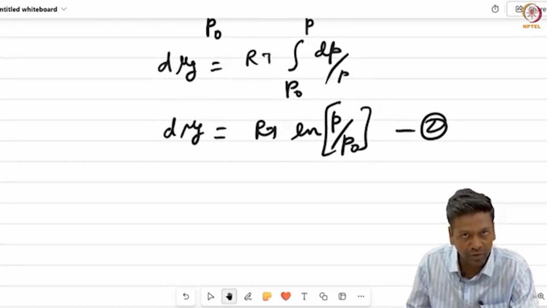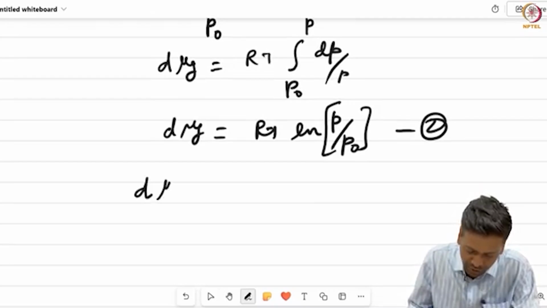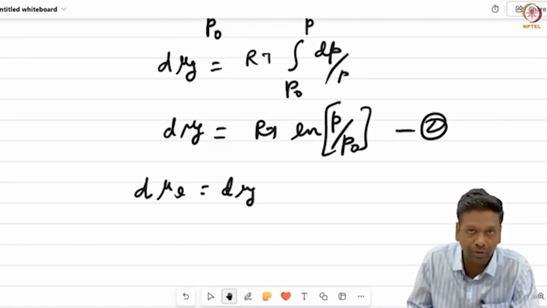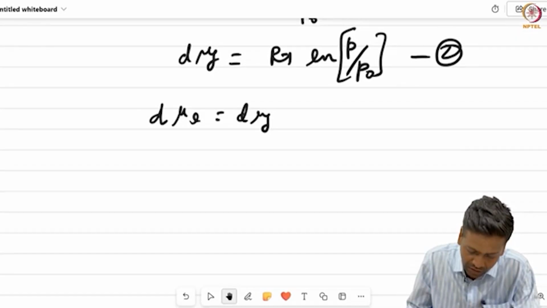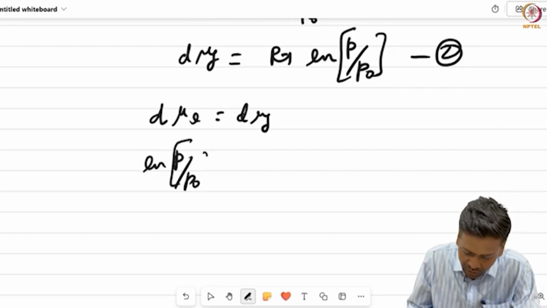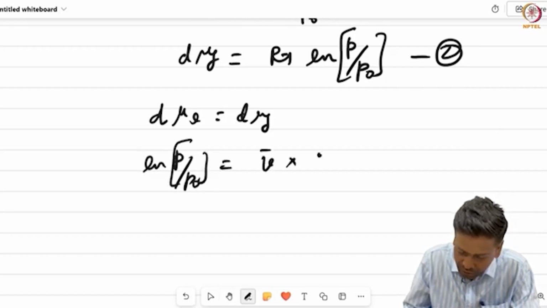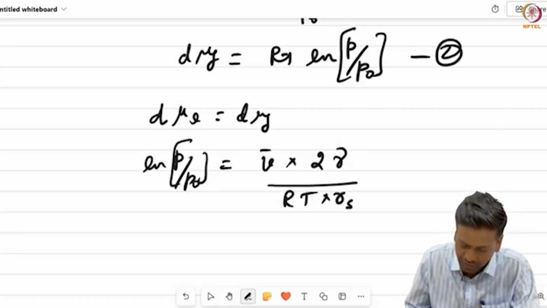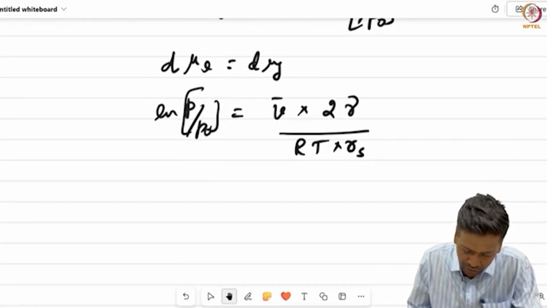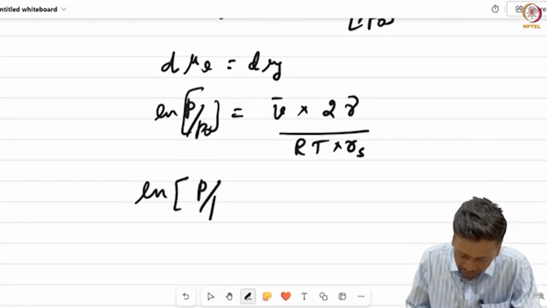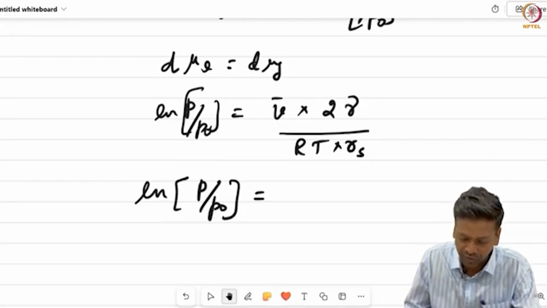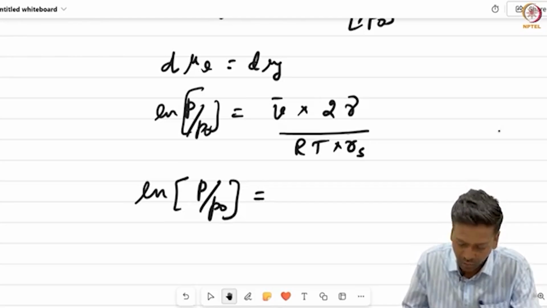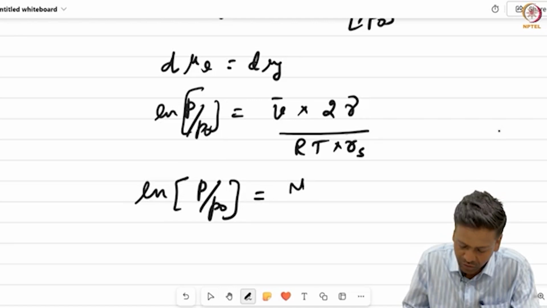Since we know at equilibrium, d mu L and d mu G both will be equal, I can easily write ln P by P naught is going to be V bar into 2 gamma divided by RT into the radius of the sphere. Sometimes, if you know molecular weight and density, you can replace V bar with M by rho.